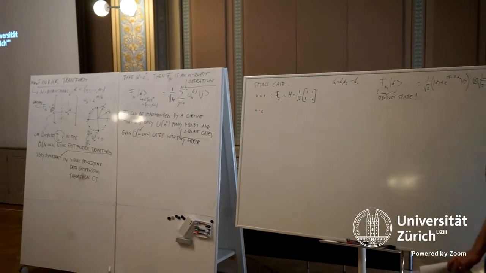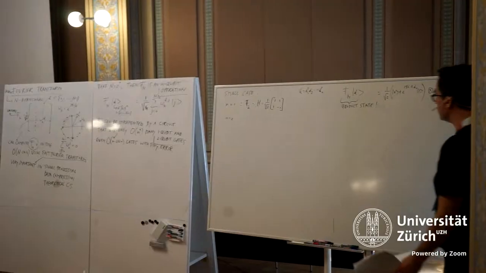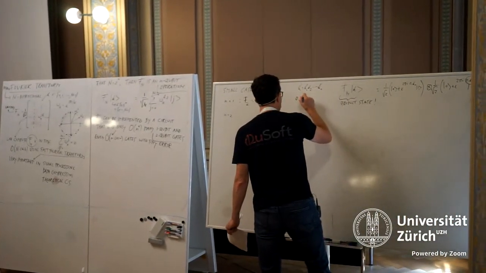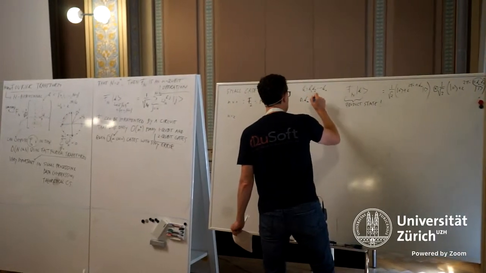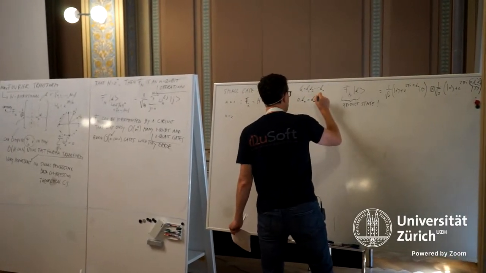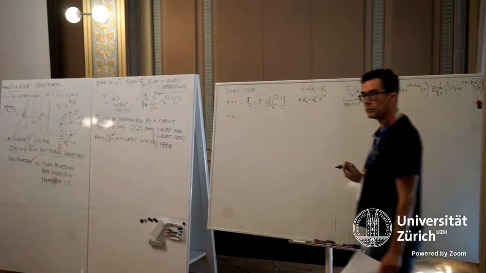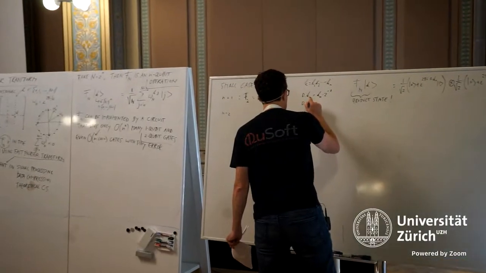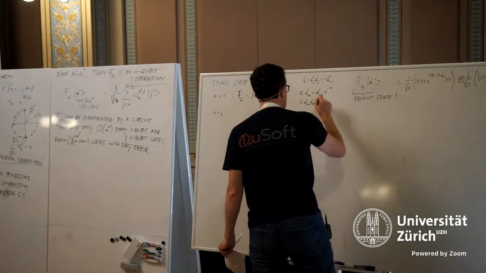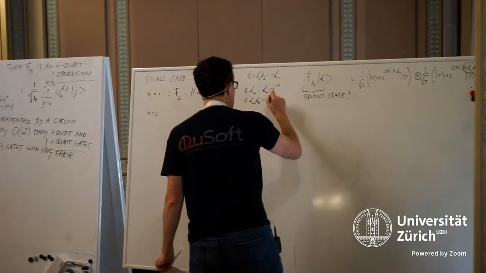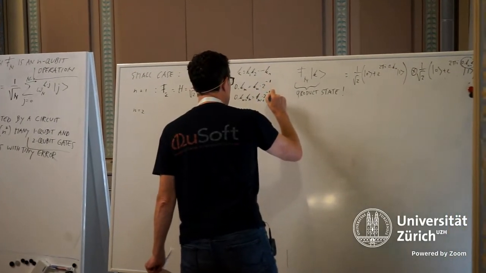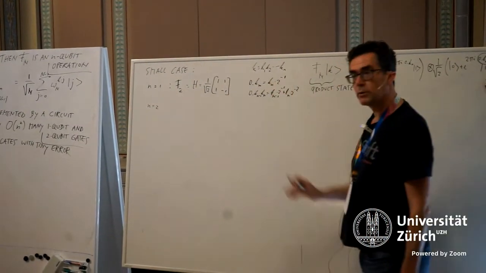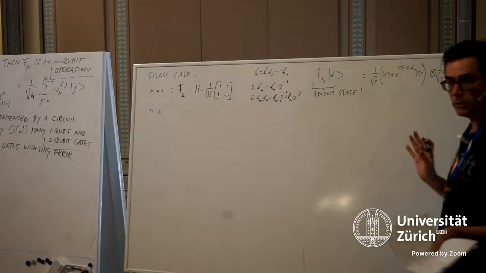I'm again using binary notation now, but now behind the decimal dot. Just to tell you what this means, 0 dot kn is kn times 2 to the minus 1. In other words, it's either 0 or a half. 0 dot kn minus 1 kn is kn minus 1 times 2 to the minus 1, a half, plus kn times 2 to the minus 2, etc. So this is binary notation, but of numbers between 0 and 1.